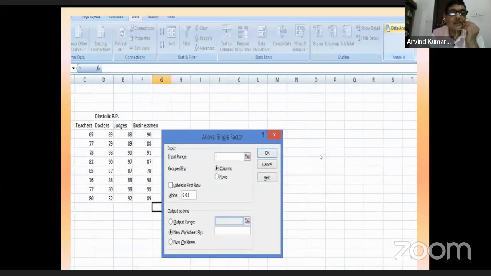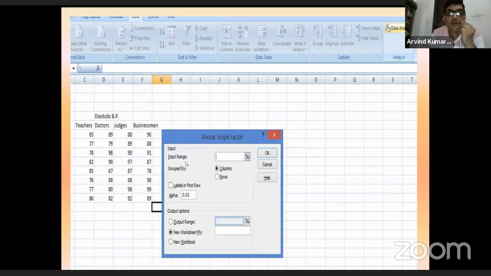In the next, you can see that input range is coming. In input range, we will select this entire quantitative value. Only quantitative values will have to be selected. So when you will select quantitative values, then all such values will come in the input range. So we have to simply select and it will automatically come over there.